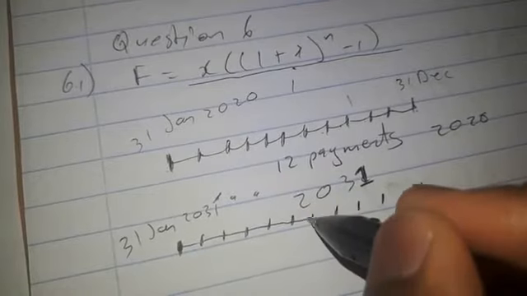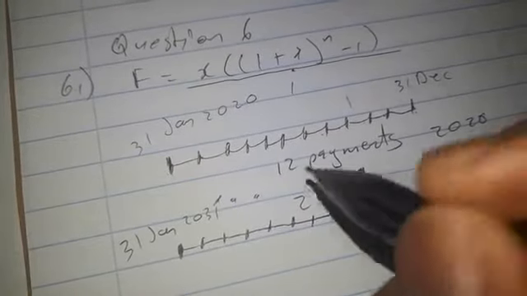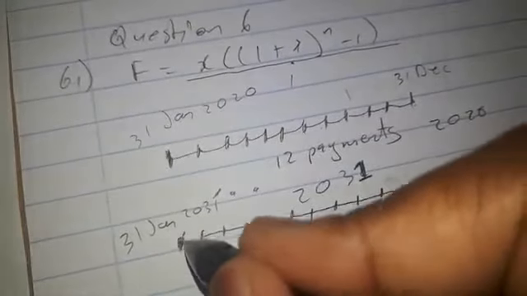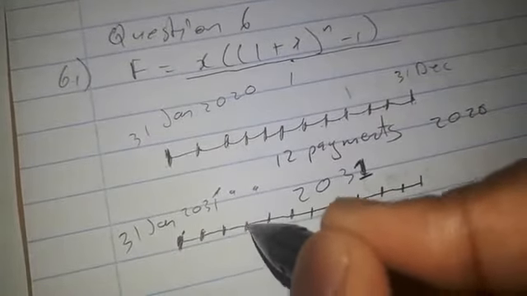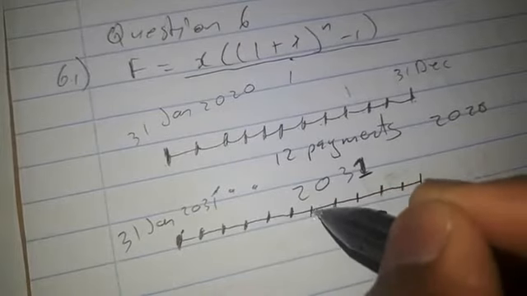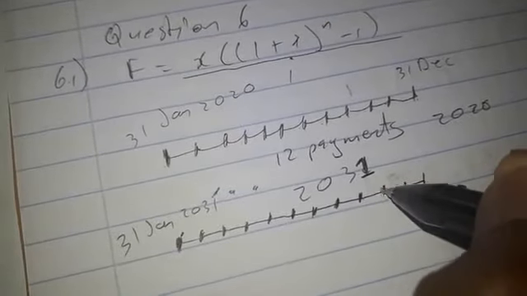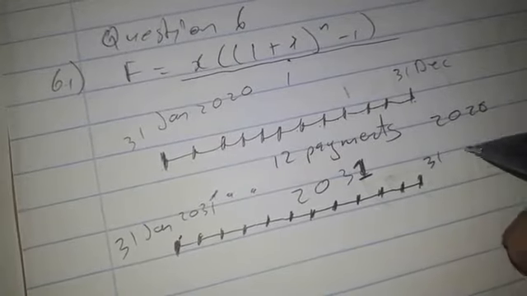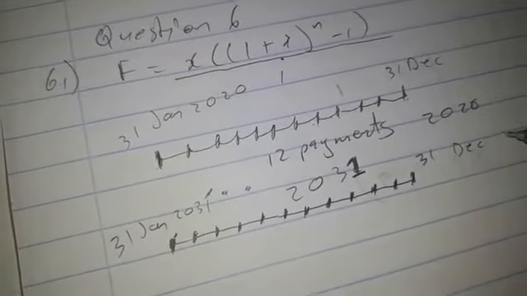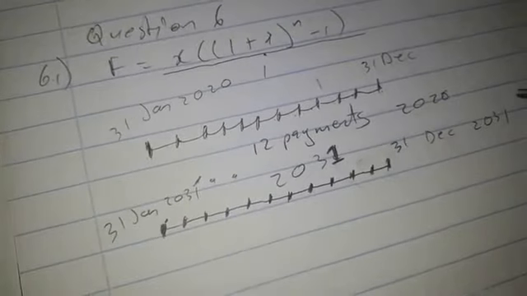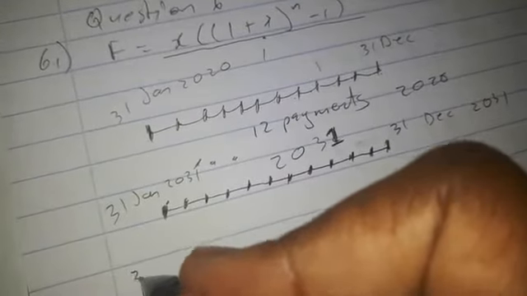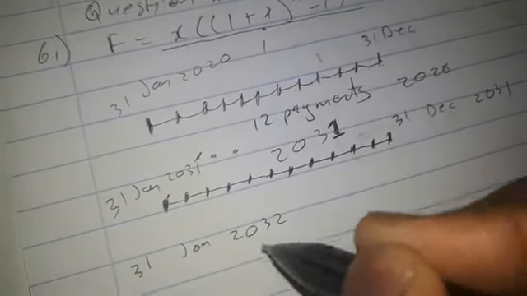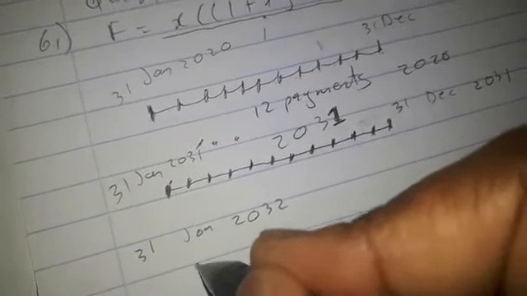So if you look closely here, in 2031 he made 1, 2, 3, 4, 5, 6, 7, 8, 9, 10, 11, 12 payments until 31 December 2031. So on the 31st of January 2032, if he made a payment here, that's 1 payment.